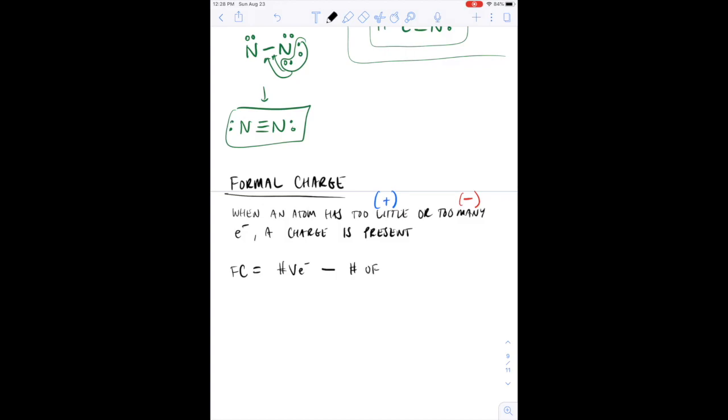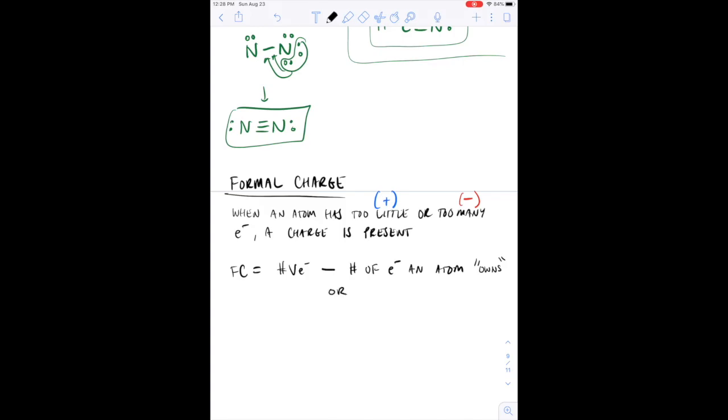So formal charge, Fc, is equal to, there's a formula for you, the number of valence electrons minus the number of electrons an atom has, or it owns, quote unquote owns.